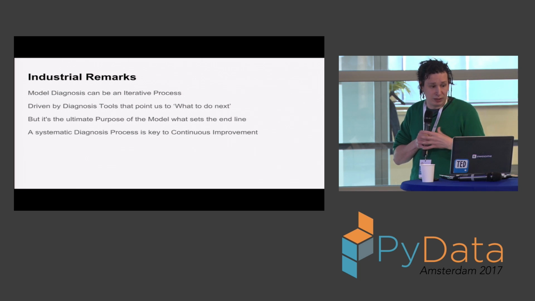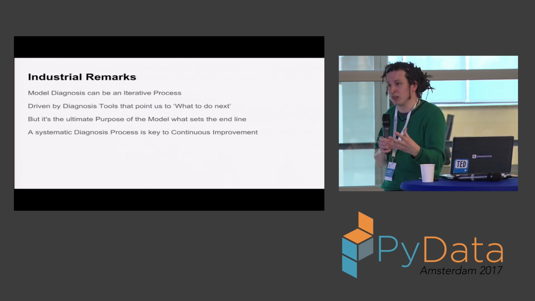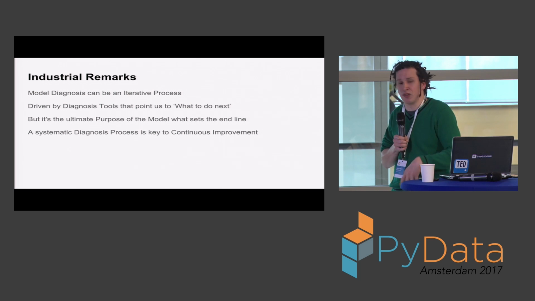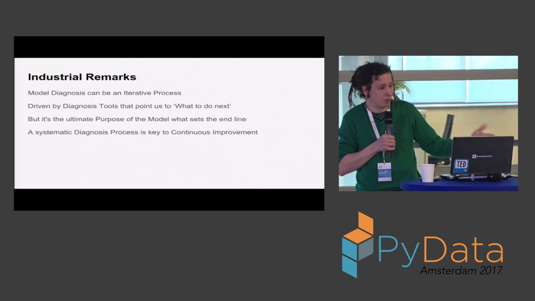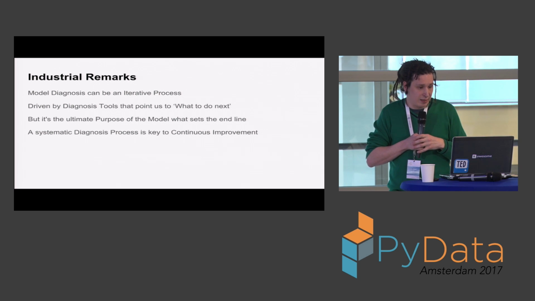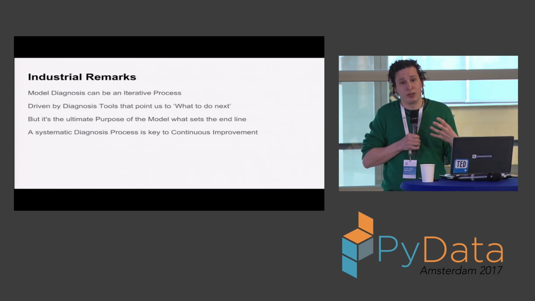This process is driven by diagnosing tools, and these diagnosing tools are what point us in the direction of what to do next. So I have this question: what should I do? Should I focus on overfitting? Should I focus on getting more features? Should I change the algorithm because it's just too simple? And like I explained in the first example, the ultimate goal is to achieve the purpose your model is set up for.